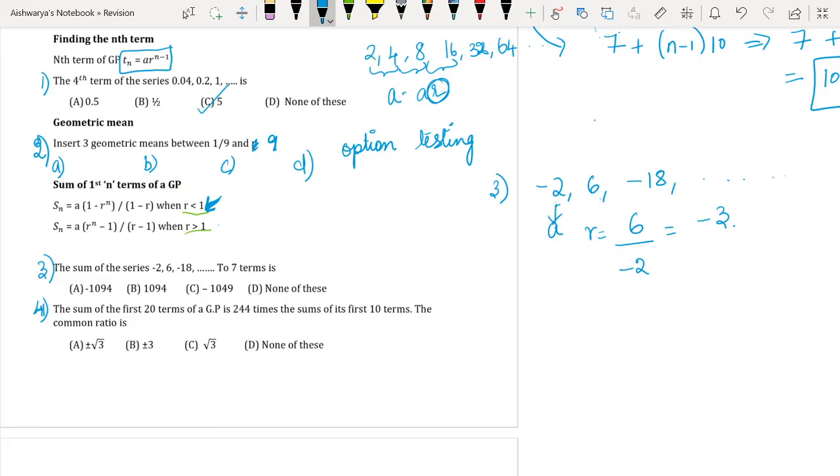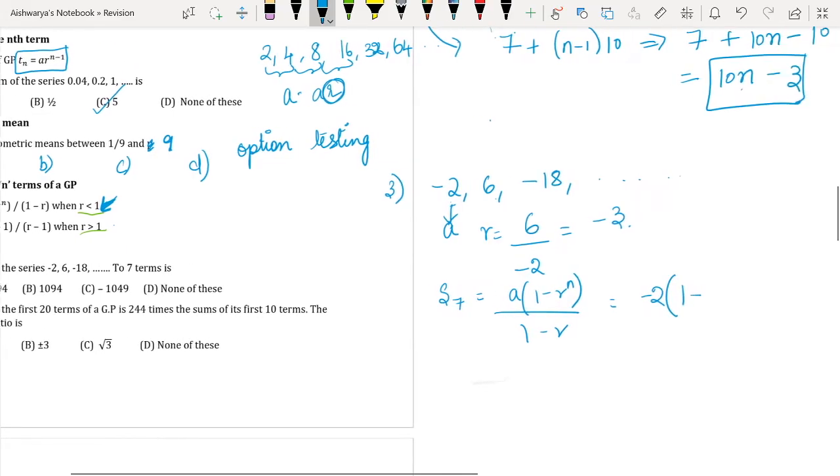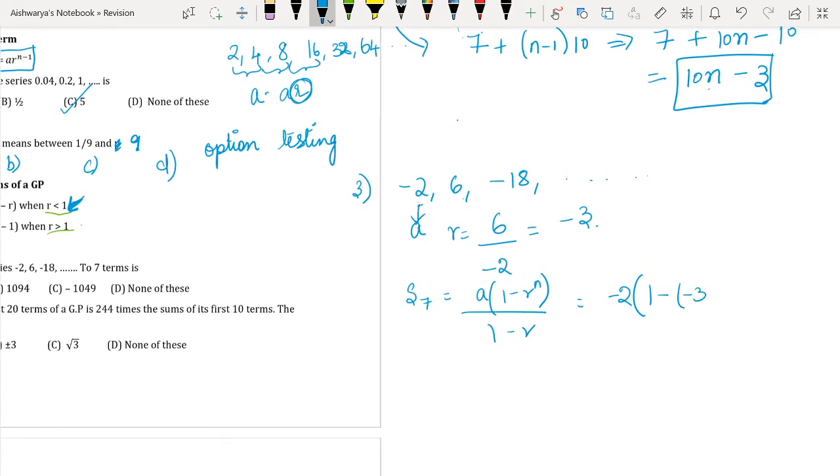The formula is S7 is equal to A into 1 minus R power n divided by 1 minus R. So A value is -2, 1 minus -3 raised to the power of 7, divided by 1 minus -3, which is 4.